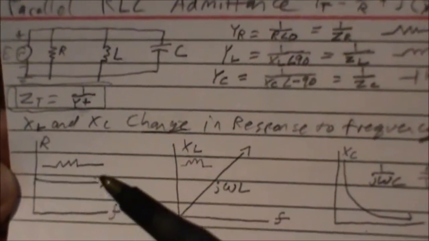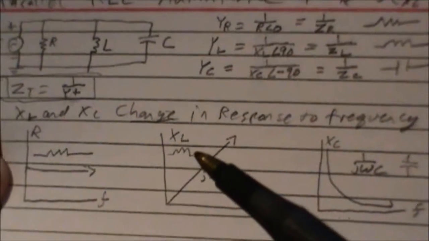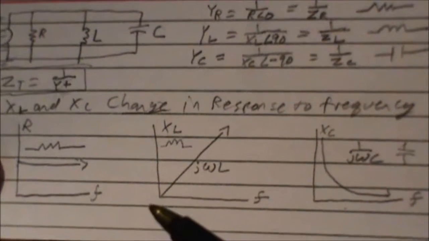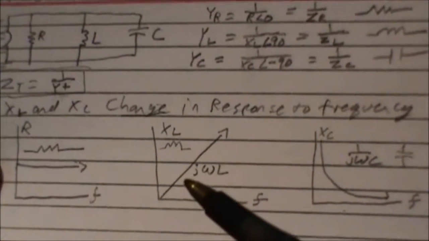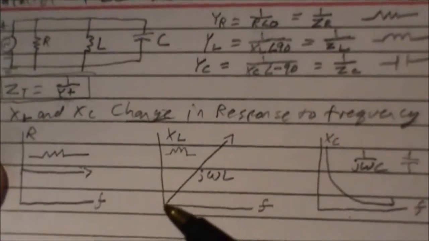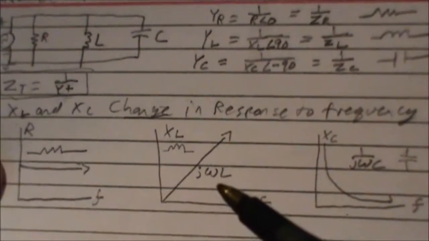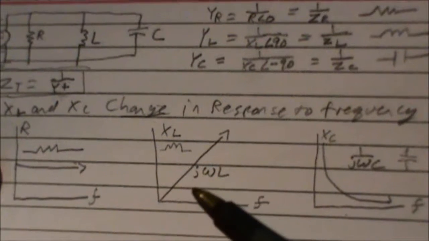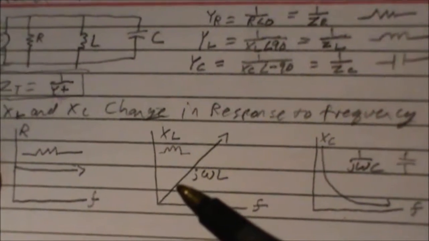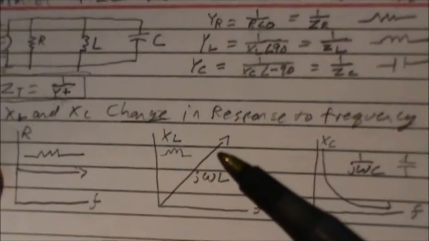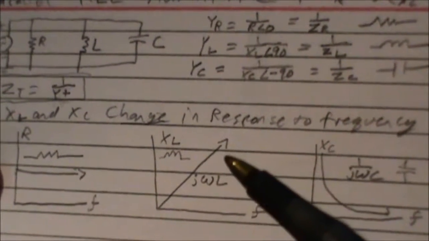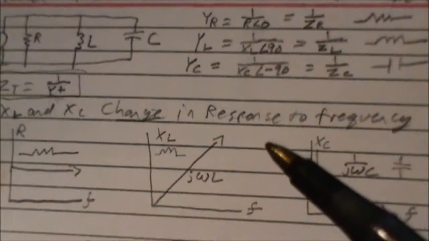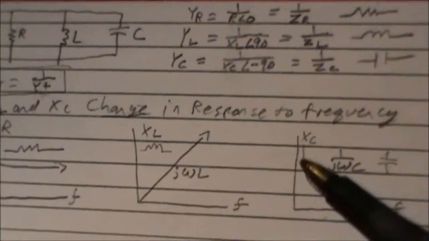It's going to have the same magnitude. Our inductive reactance in response to frequency is going to go up straight because it's a plain old linear function. It's a multiplication function, 2 pi f. We just multiply times the frequency, and as that goes up, the reactance of the coil is going to go up, and so is the impedance.